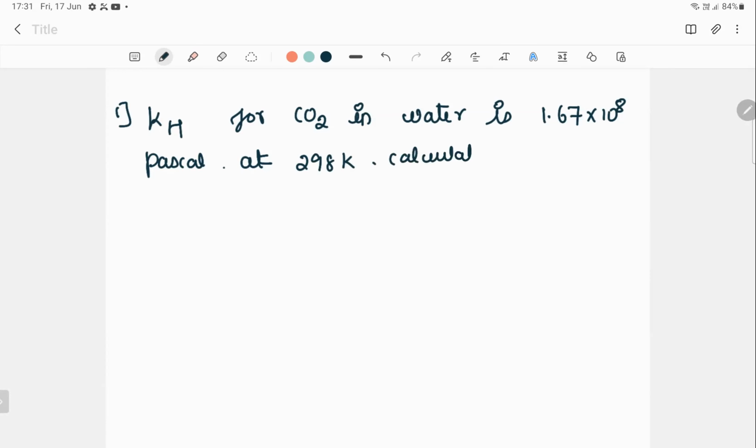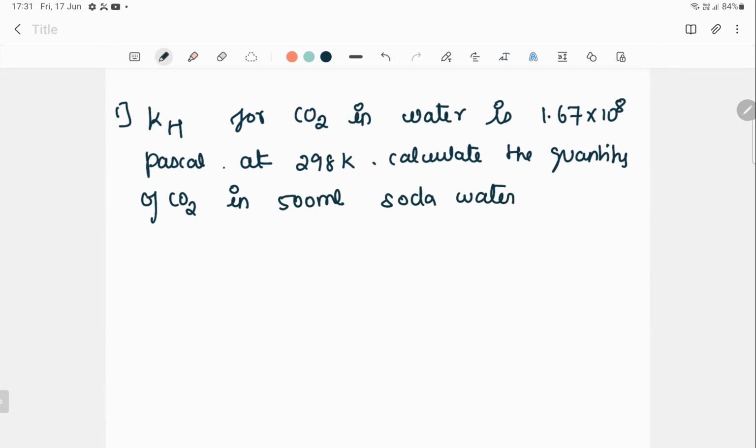Calculate the quantity of carbon dioxide in 500 milliliter of soda water, which is packed under 2.5 atmosphere.